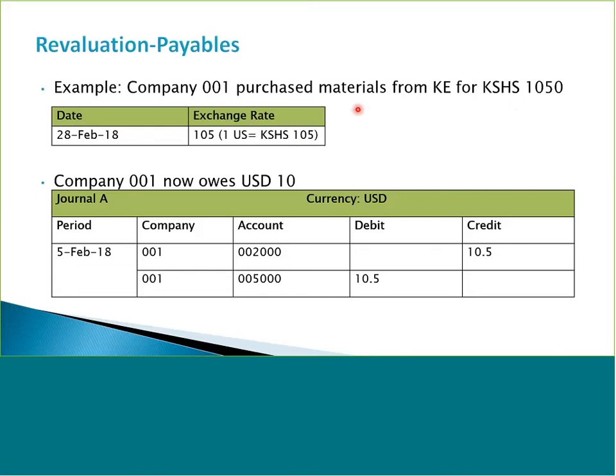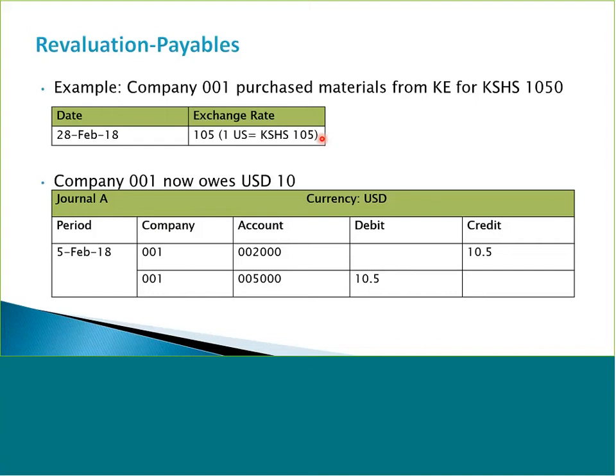So in US dollars, Maskani now owes $10. But remember, this is the journal that we entered, that is showing $10.50. Now, the 28th of February is the end of this period, and we need to run financial reports at the end of the period.